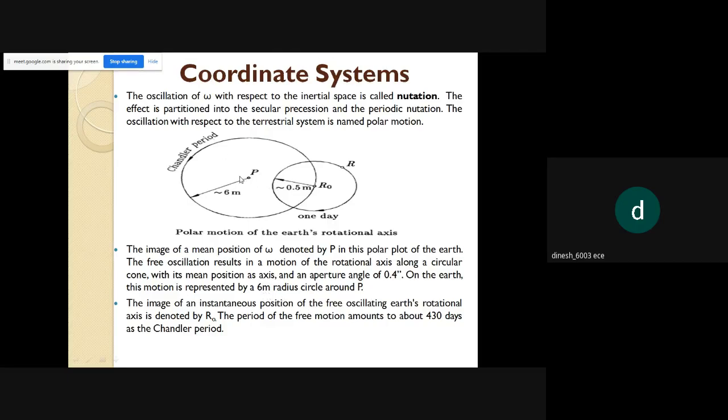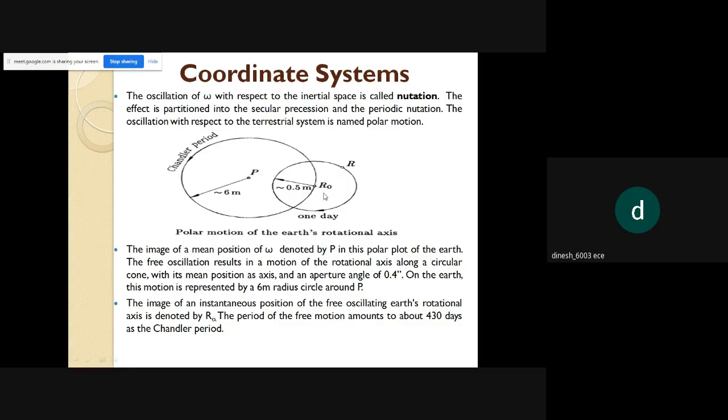If P is the mean position of the point on the polar plot, it can have oscillations of approximately 6 meters radius. This positioning of the free oscillating Earth's rotation can be denoted by R naught. For a point R, we can take it from 0.5.